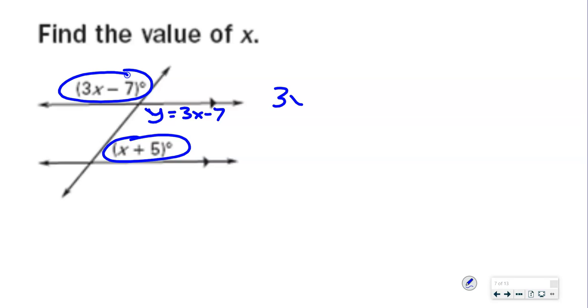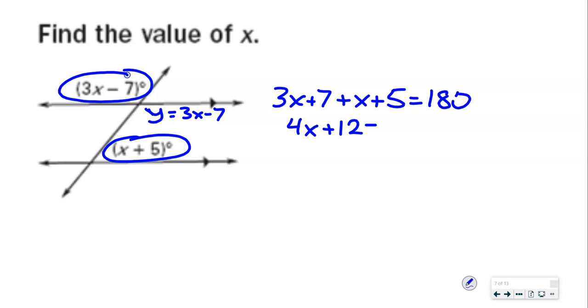So 3x plus 7 plus x plus 5 equals 180. So then I need to simplify, combine my like terms. I get 4x plus 12 equals 180.